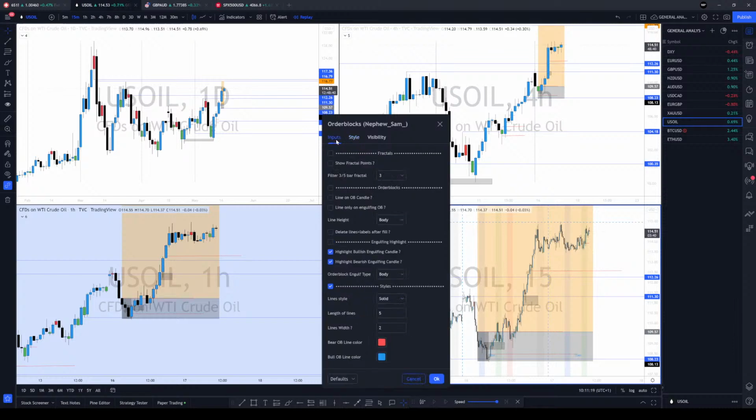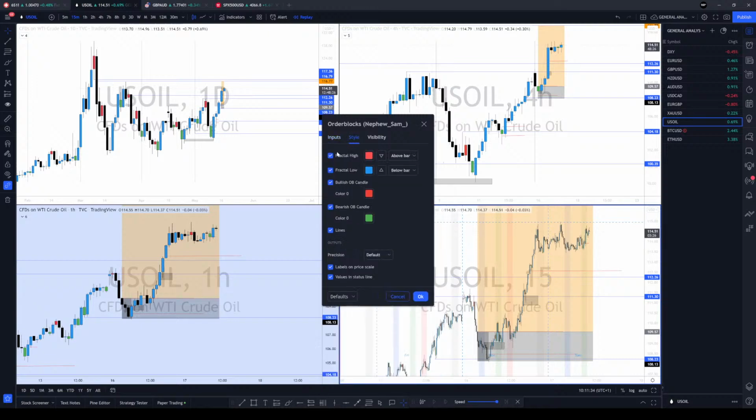Okay, and then over here you need to get rid of everything and have just these three, and then over here leave everything as it is. Just change these colors to whatever color you prefer. You put whatever color you like.